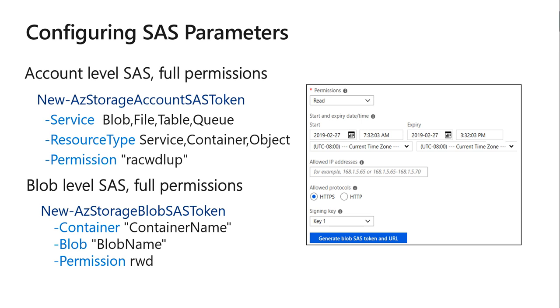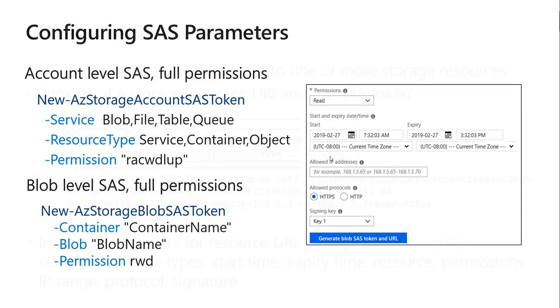Also the allowed IP addresses, so you can block or allow certain addresses, for your internal or external network. We prefer to use HTTPS, and the signing key, which is key one, though you now have the option to use key two. After you provision all those, you can click generate the blob SAS token and URL, and it will give you the access token and the URL to access that.